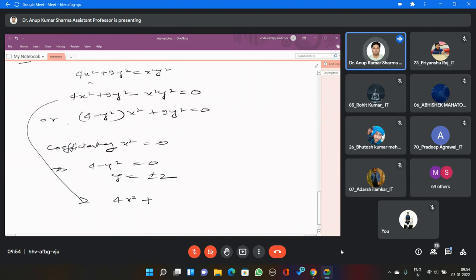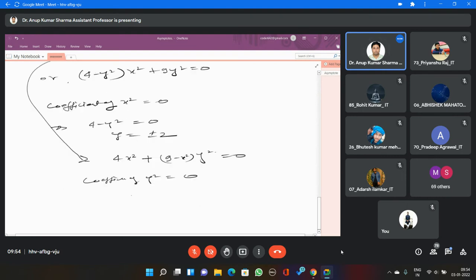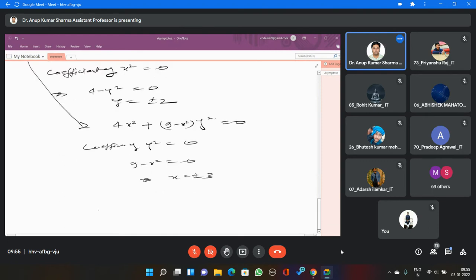Now again we come from the same equation, 4x square plus y square times 9 minus x square is equal to 0, taking y square common. So again, the coefficient of y square is equal to 0. Now 9 minus x square is equal to 0. This implies that x is equal to plus minus 3, which is parallel to the y-axis.